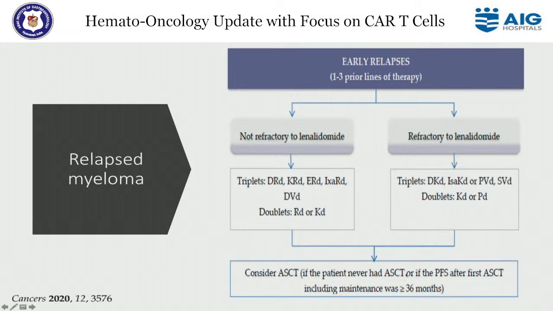This should be followed by autologous stem cell transplant if it was not done as first line therapy, or if a transplant was previously done and the patient has a minimum disease free interval of 36 months.